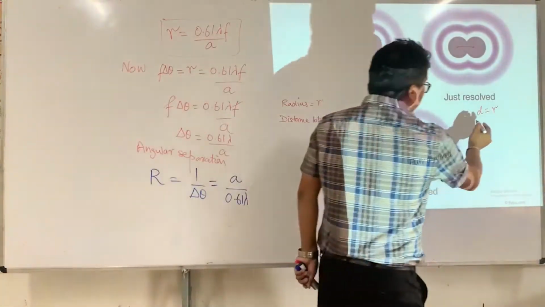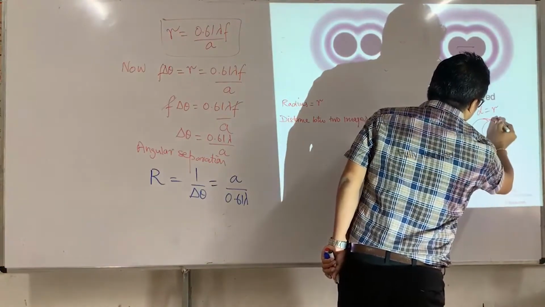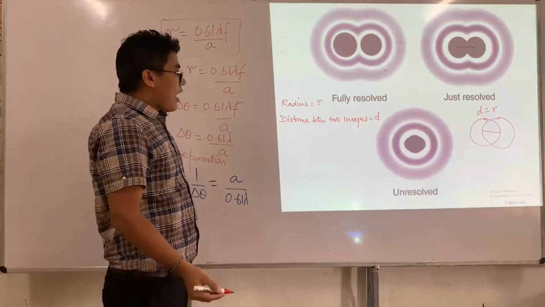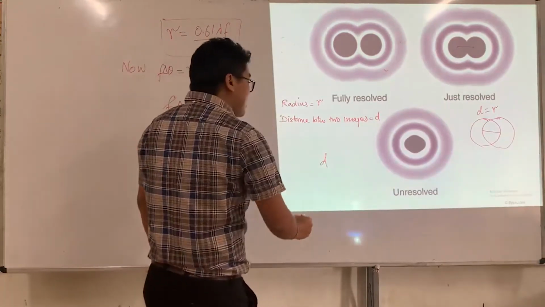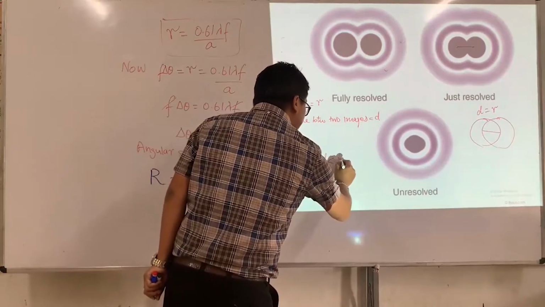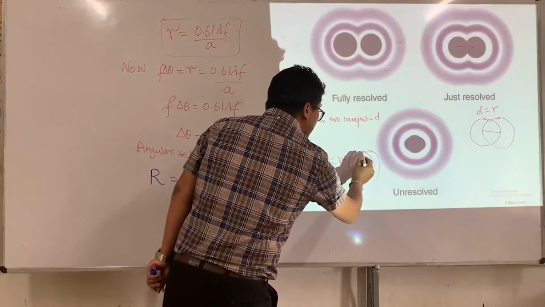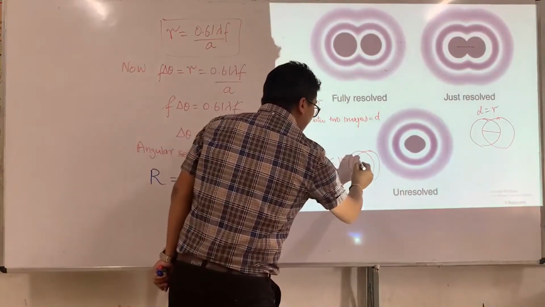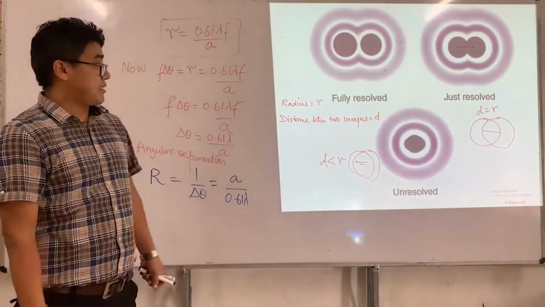It comes something like this. This is a better diagram. Unresolved is if the distance is smaller than the radius. Here the distance could be this and the radius could be this, so the distance is smaller than the radius.